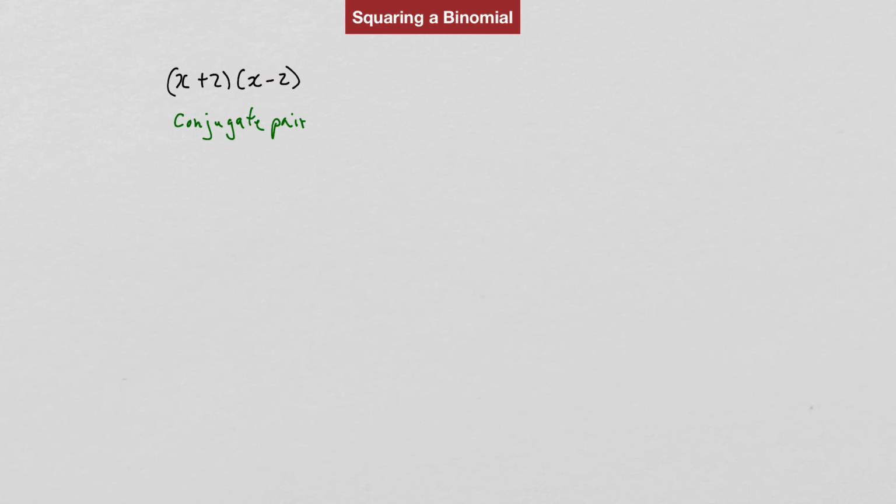So if we were to work this out and use the FOIL method, we'd find that this is equal to x squared plus 2x minus 2x minus 4. And if we simplified that, we get x squared minus 4. Okay?